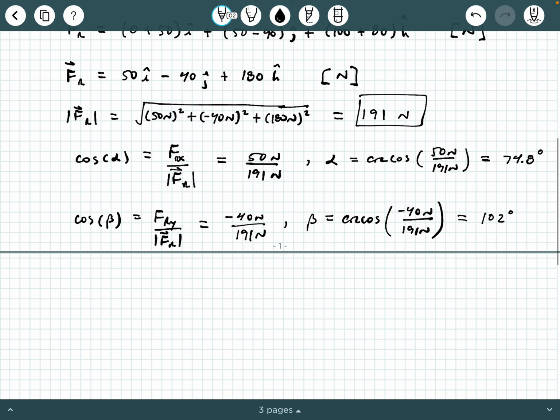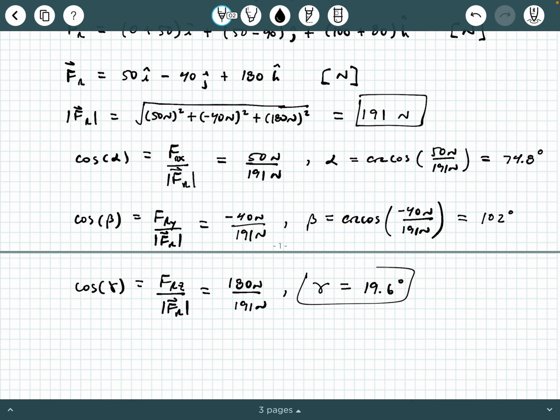And then last, we have cosine of gamma equals FRz over the magnitude of that resultant force, which is just 180 newtons over 191 newtons. And so finally, doing some rearranging and taking the arc cosine, gamma is 19.6 degrees.